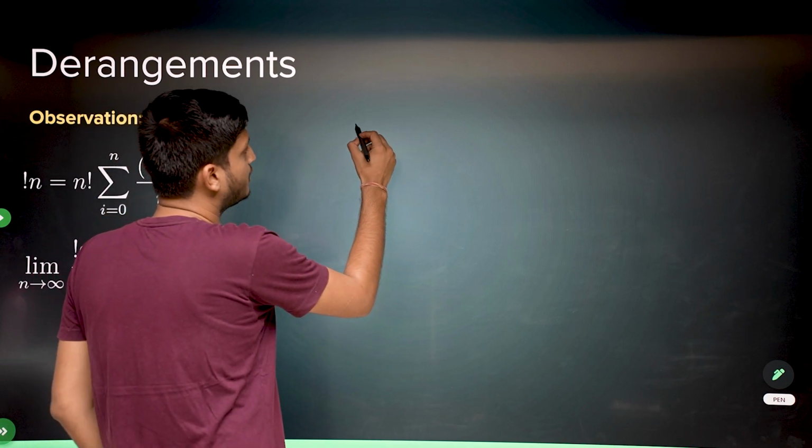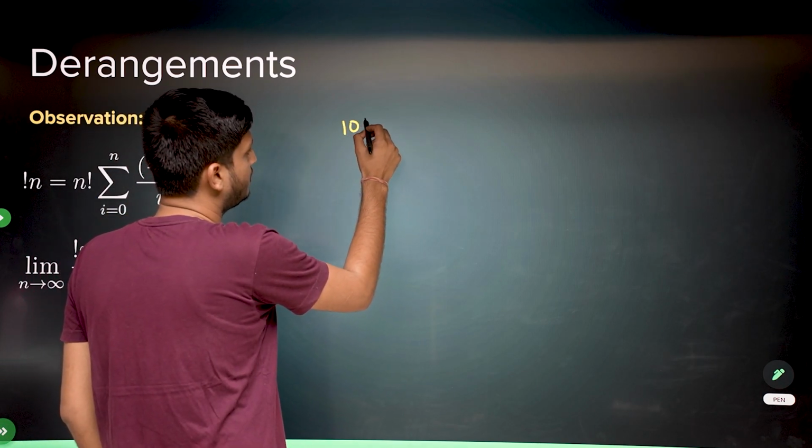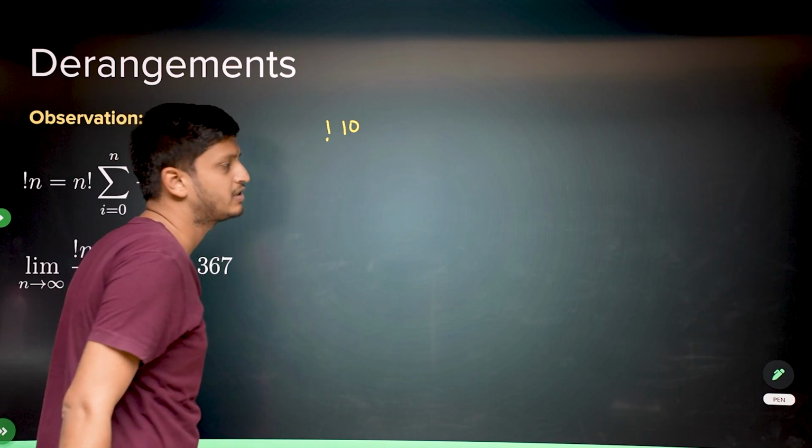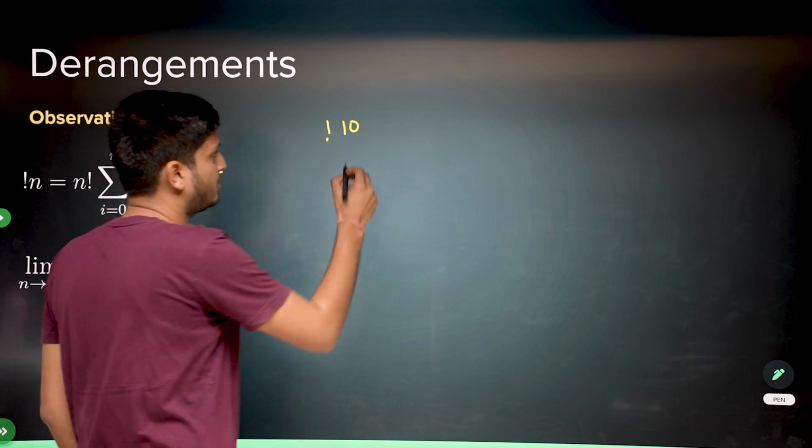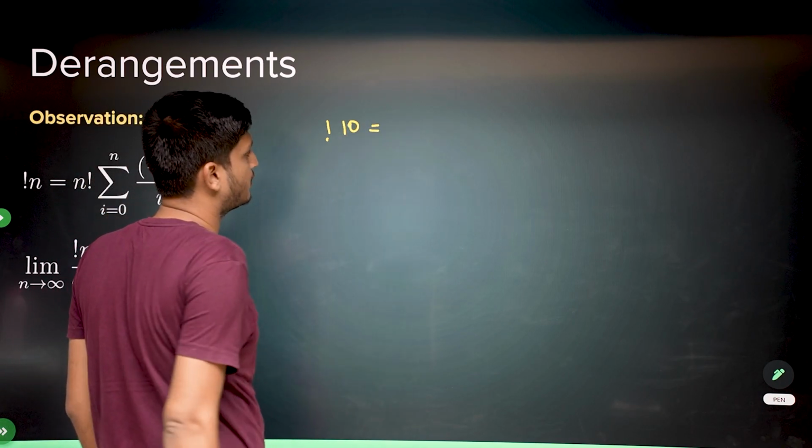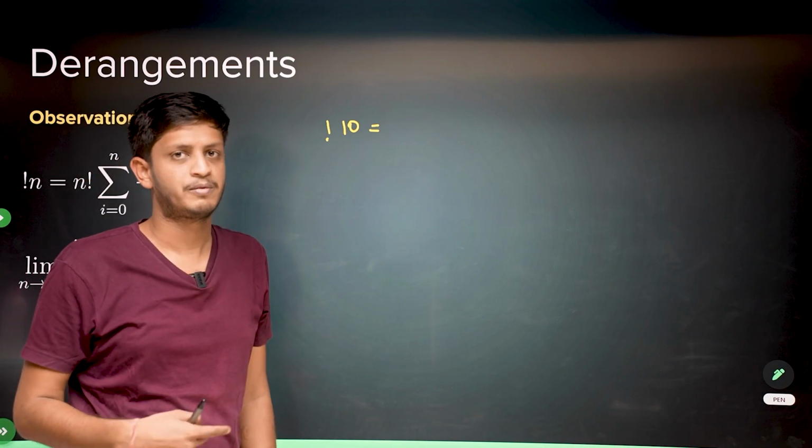Let's say I want to calculate subfactorial 10. It will be a very tedious process, right? What is subfactorial 10? The number of derangements of 10 numbers.